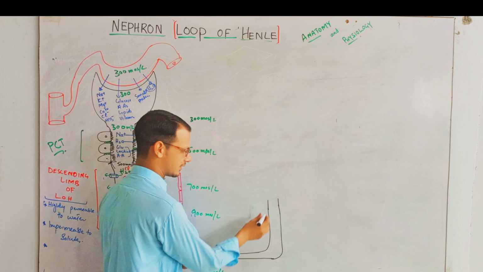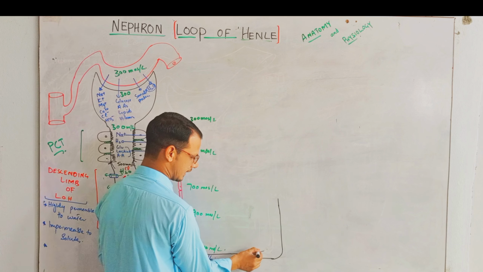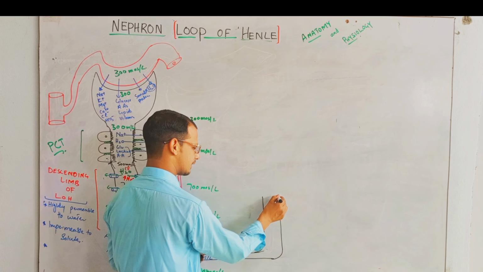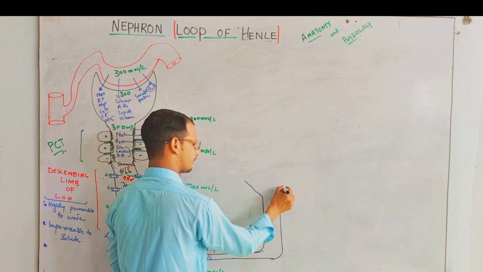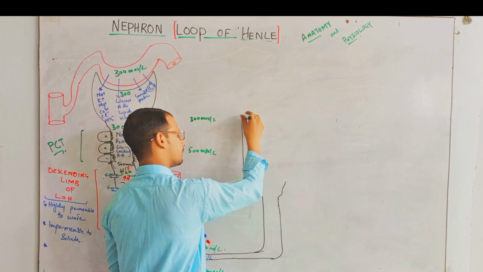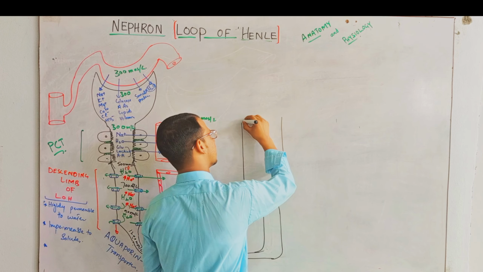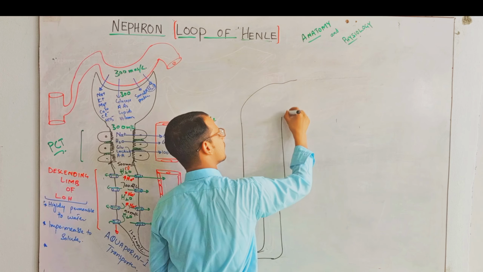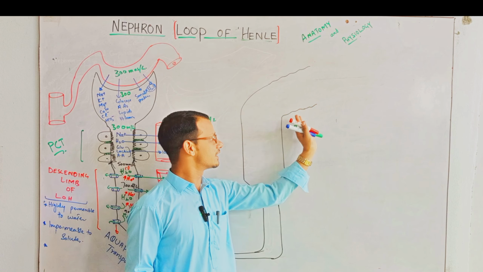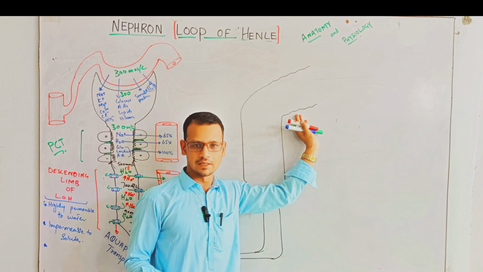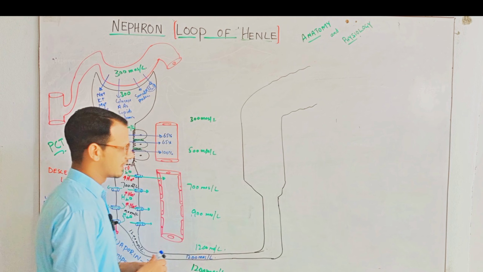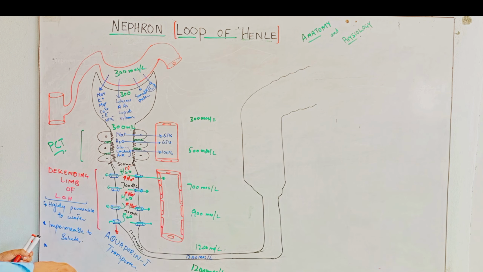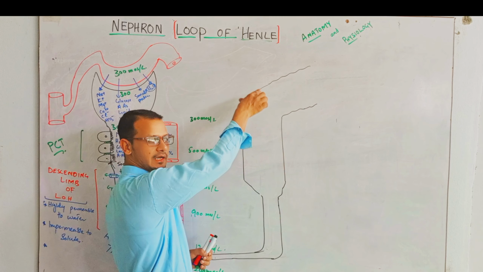Here in ascending limb, this is the narrow part of the ascending limb, and this is the thick part of the ascending limb of loop of Henle, and this is for example the distal convoluted tubule, and this first part is called the early distal convoluted tubule. It has some relation with the loop of Henle ascending limb. So this is the descending limb and this is the ascending limb.